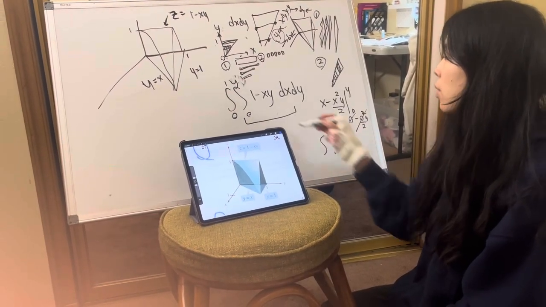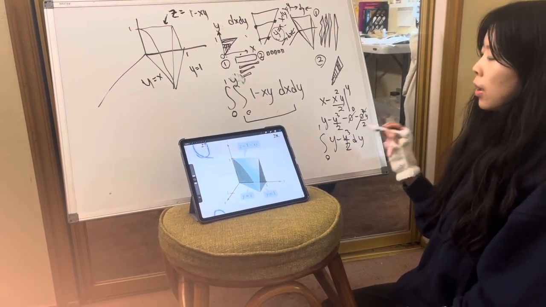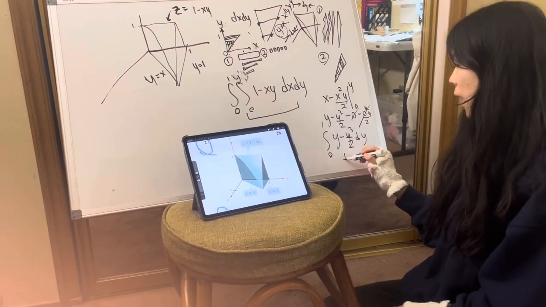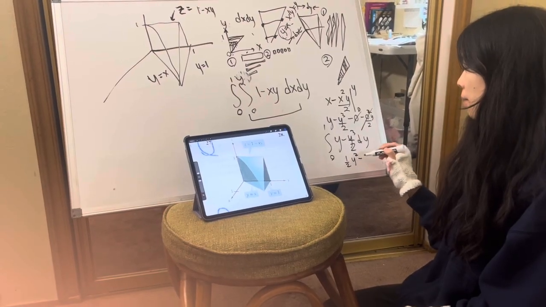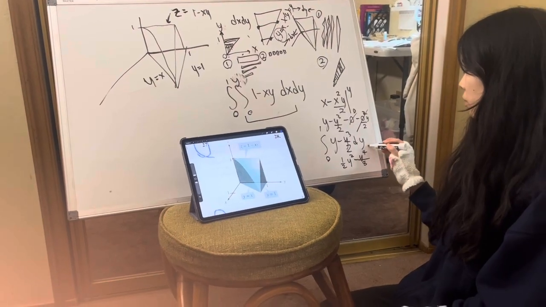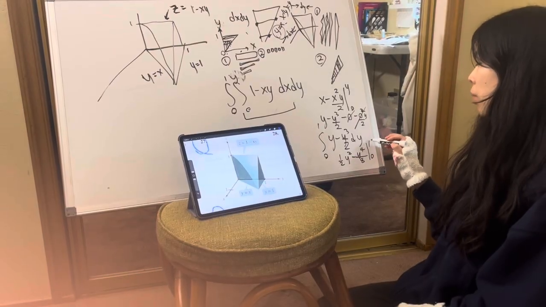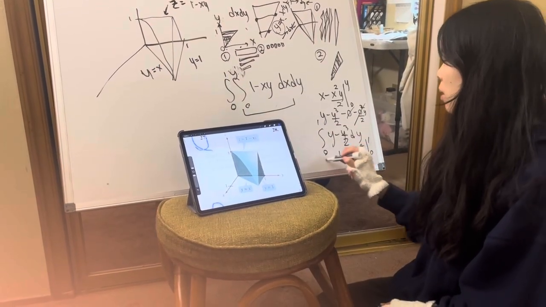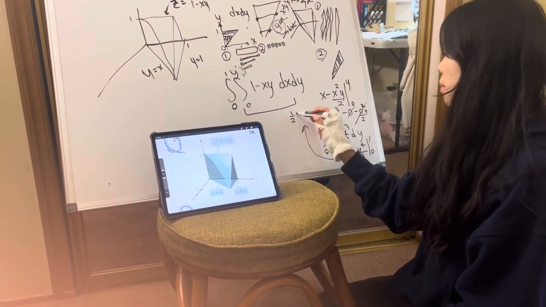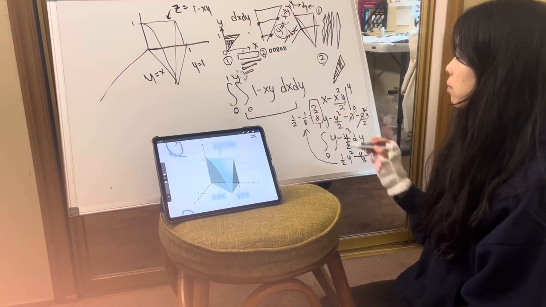Then we have the outer integral, from 0 to 1, dy. Integrating in terms of y, it becomes half y squared minus y to the 4th power over 8, with bounds 0 to 1. Plugging in 0 gives 0, so it's just plugging in 1, which becomes 1/2 minus 1/8, which is 3/8, and that's our volume.